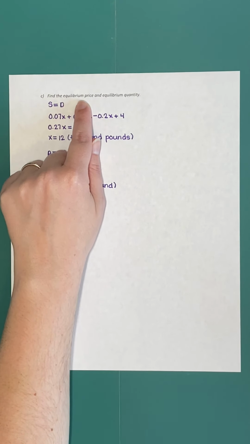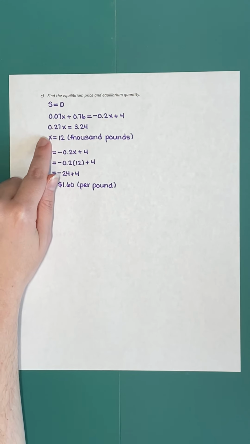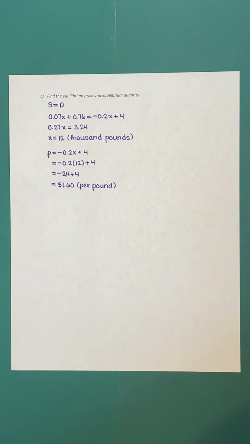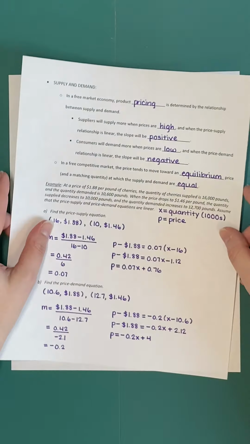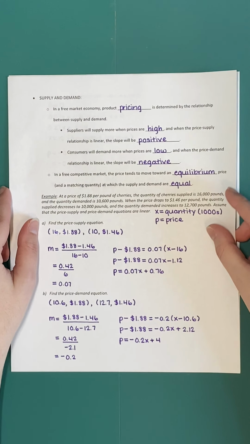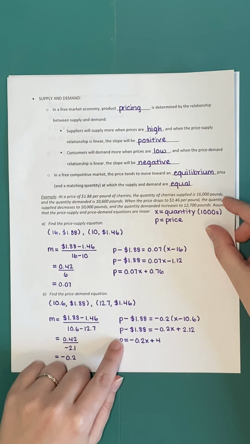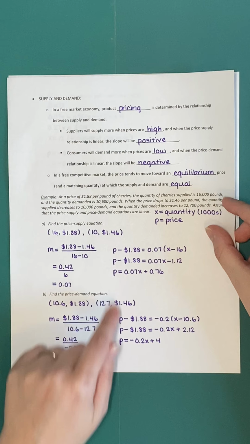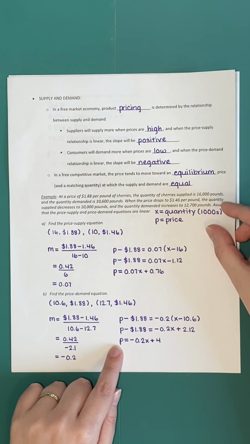Now we also want the equilibrium price. In other words, what price do we have to set in order for this to be the amount put onto the market? Here, it's basically a substitution, just like with any of the system of equations problems we've looked at so far. You can pick either the supply equation or the demand equation, and you're going to substitute that x value into it.